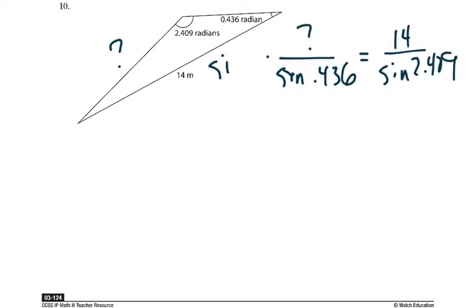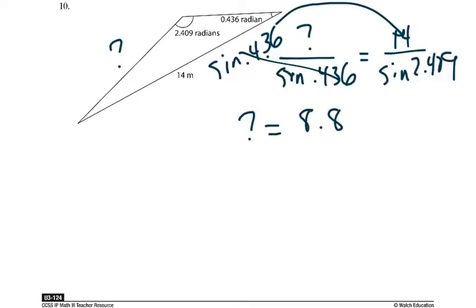Times by the sine of 0.436 on both sides, and we get 14 times the sine of 0.436 over the sine of 2.409, which would give us about 8.84, so 8.8.